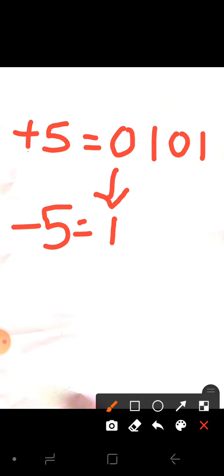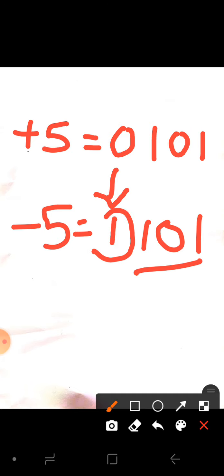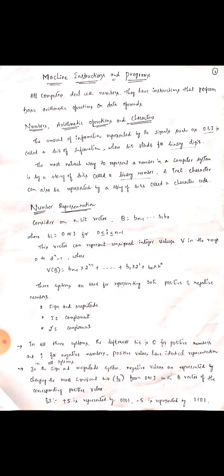If you want to represent minus 5 in sign and magnitude, you just change your MSB from 0 to 1, and 101 will be the same. Since MSB is 1, you can say that it is minus 5. So sign and magnitude says that just changing the MSB from 0 to 1 will give us a negative number.